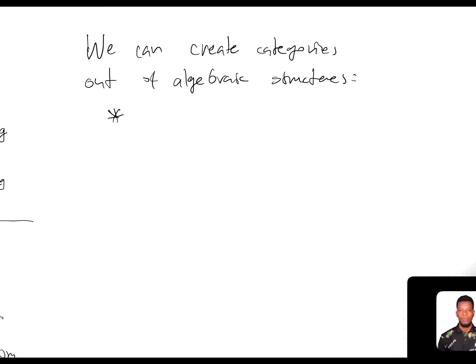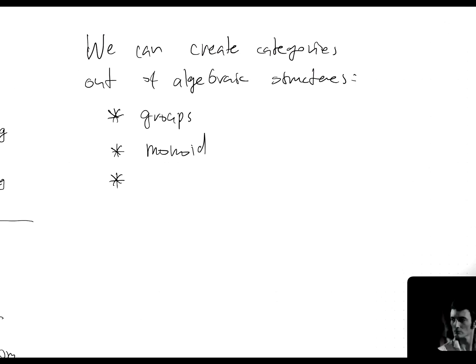Groups. Okay, groups is one algebraic structure. Another one? Someone else? A monoid. Monoids. Anyone else? Fields. And maybe rings, so it's more interesting, I suppose. You can put rings as well. Any other ideas?